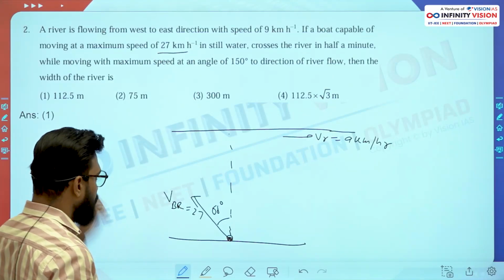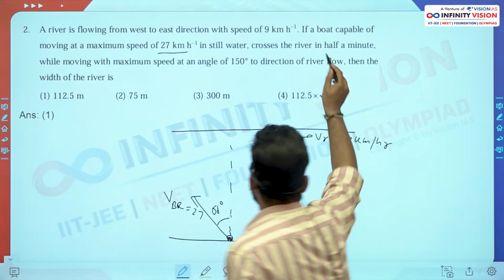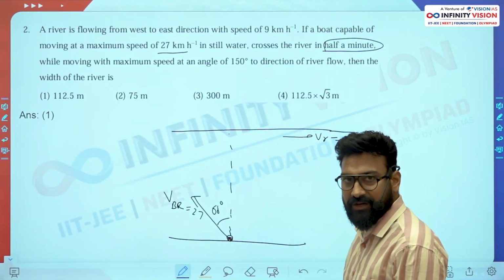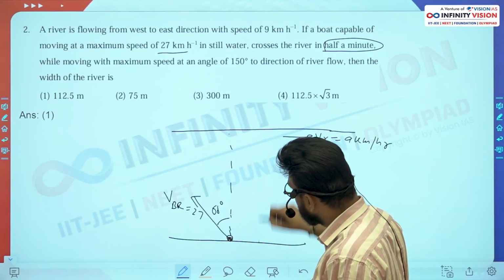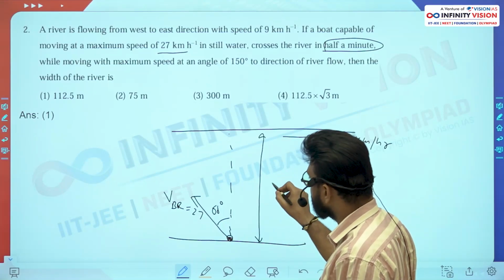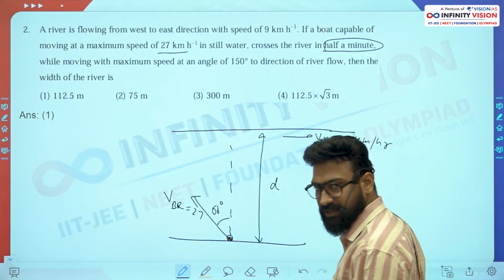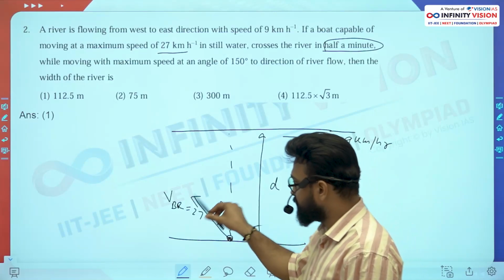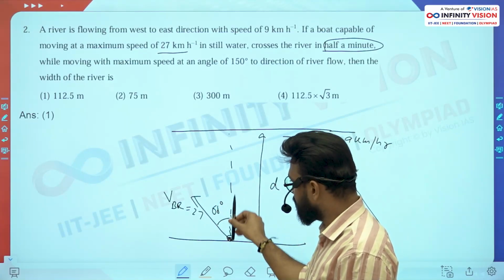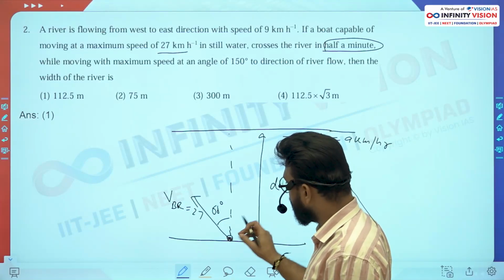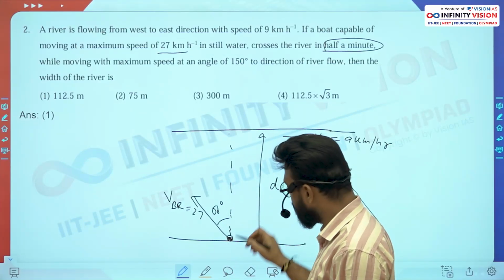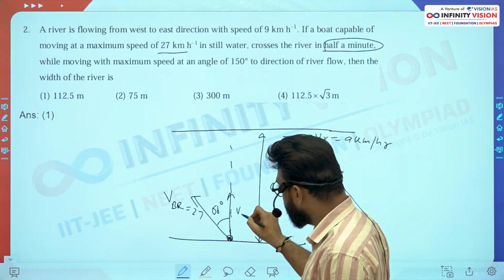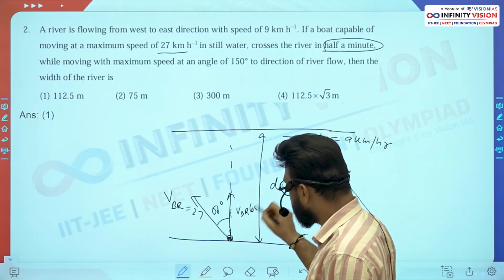Now, it takes half a minute to cross the river. So let the width of the river be d. The component of this velocity along the direction perpendicular to the flow of the river is VBR cos 60.